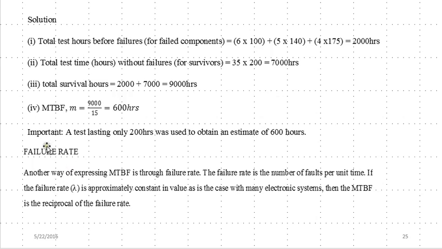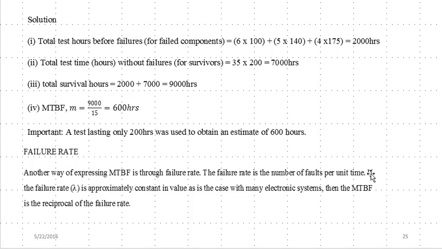If we understand this, the next thing is we look at another term. They call it the failure rate. The failure rate of any component is a way of expressing the mean time between failure of an item. The failure rate is defined as what? The number of faults per unit time.